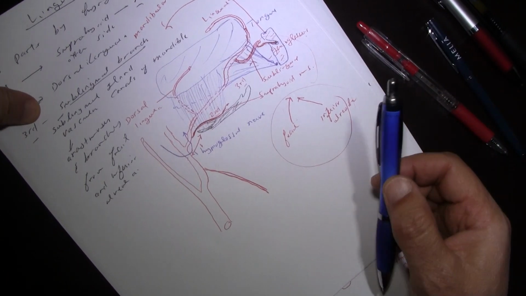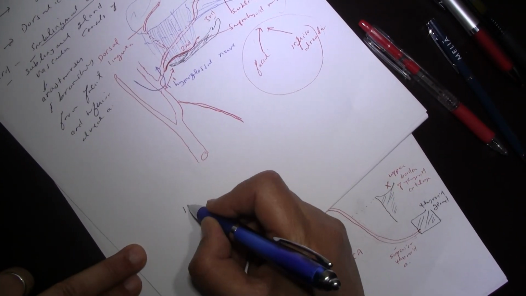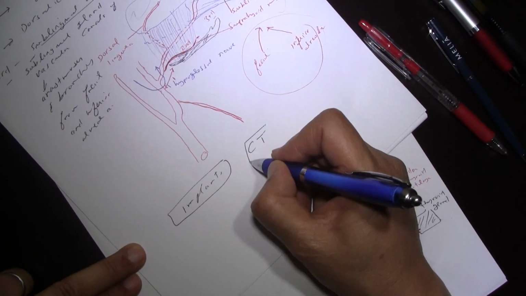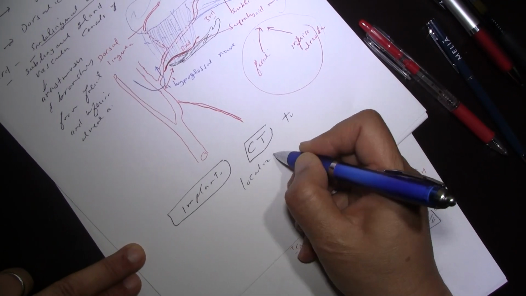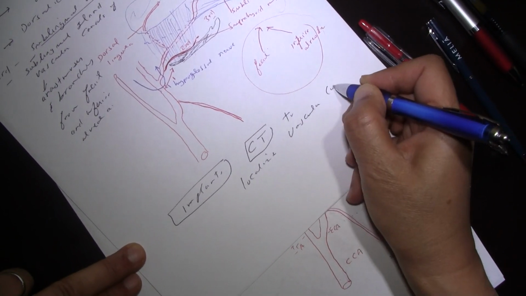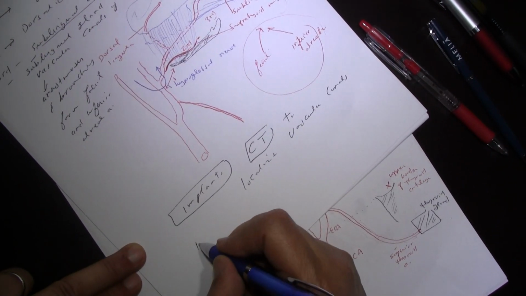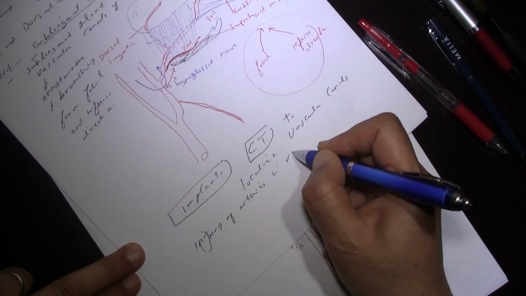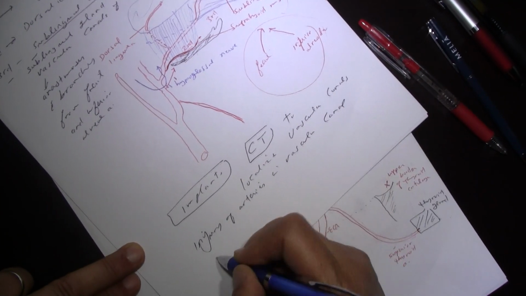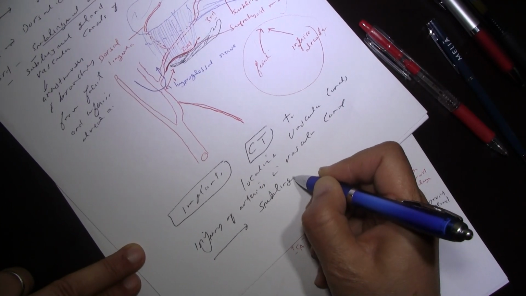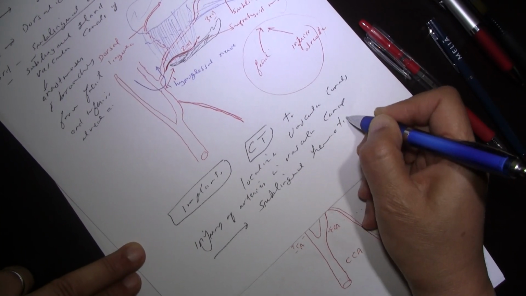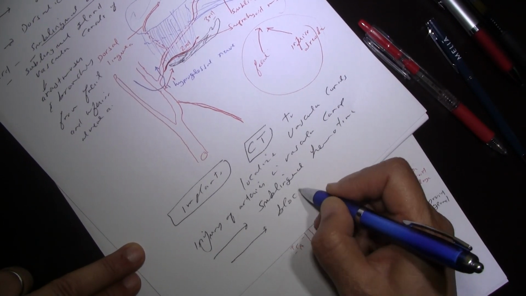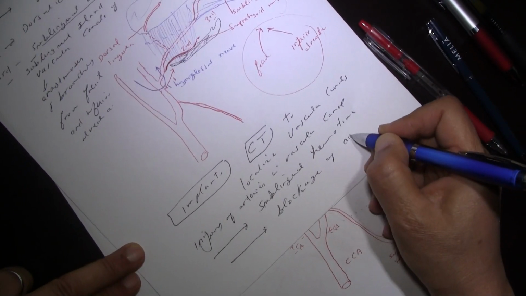Clinical significance of that: for implants, you need to do CT to localize the vascular canal. Injury of arteries in the vascular canal can cause sublingual hematoma, leading to blockage of airway.